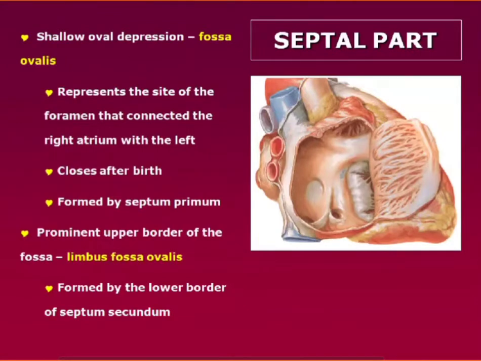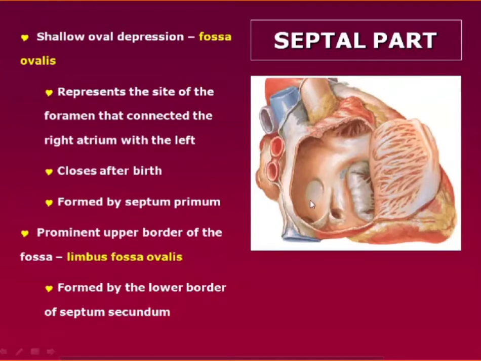The second point, the posterior smooth part develops from the sinus venarum. And the third point is the septal wall. What do you find in the septal wall? The fossa ovalis. This fossa ovalis develops from the septum primum.